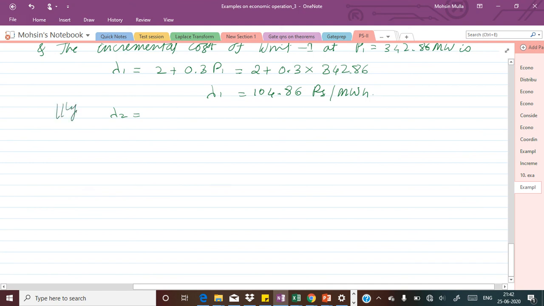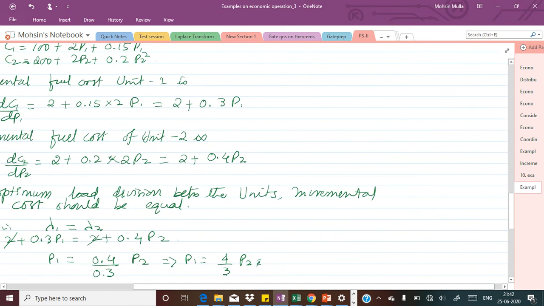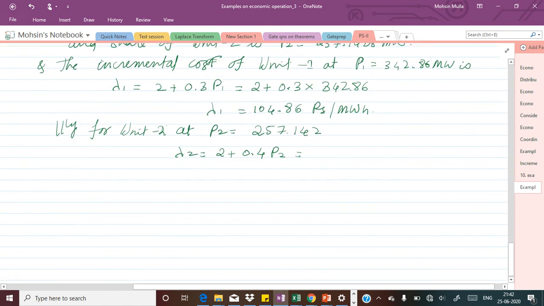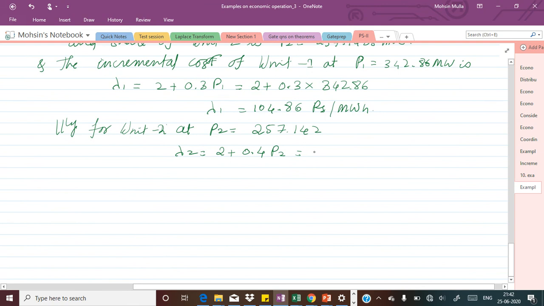Similarly for unit 2, at P2 equal to 257.142, lambda 2 equal to 2 plus 0.4 P2, so 0.4 into 257.142.